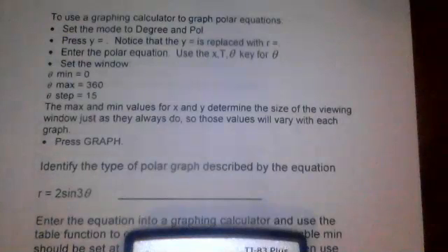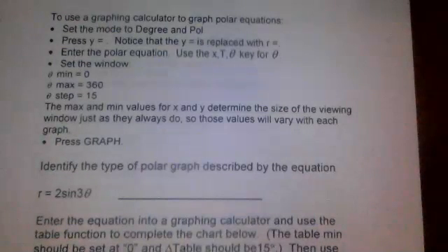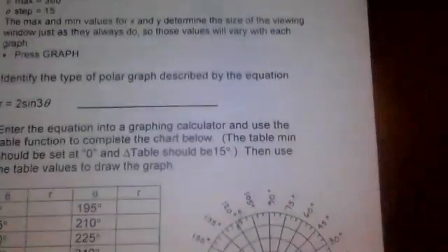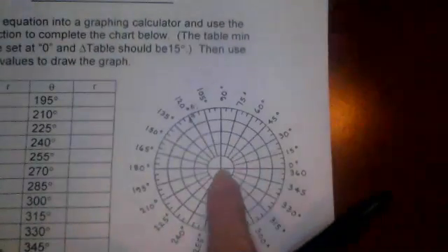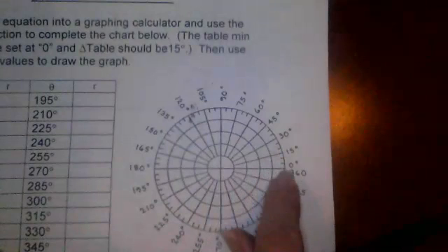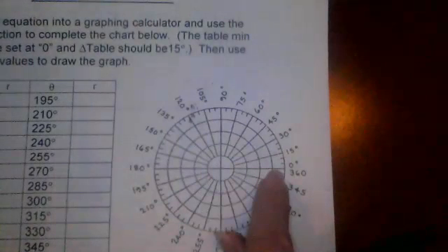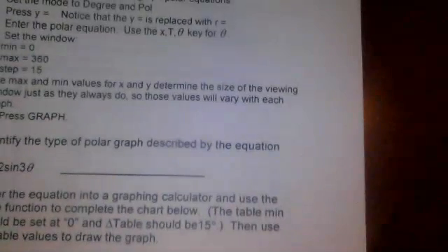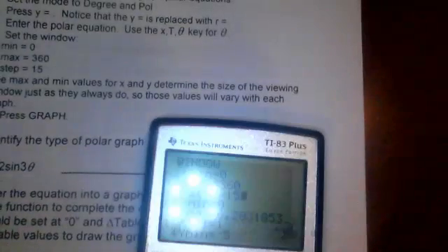So, like it says, the x and y values are going to determine how big our window is. So for our polar coordinate grid down here, we're going out 1, 2, 3, 4, 5. So if you only want to see those 5, you could go out 5. I'll just go a little bit bigger, so -6 to 6 and -6 to 6.